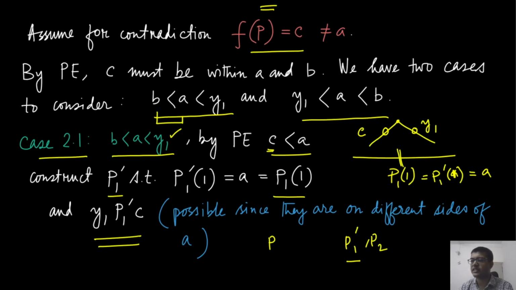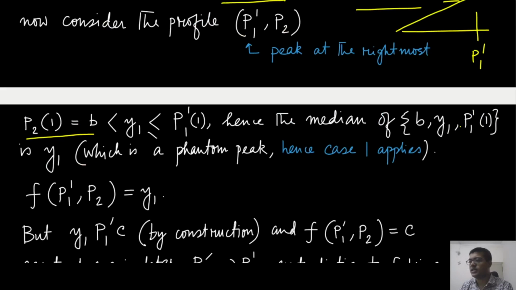So b is on the left of y1, and because this is the rightmost position, the topmost alternative must be on the right hand side or be equal to y1. So therefore the median of these three things, b, y1 and p11, is y1, which is a phantom peak.